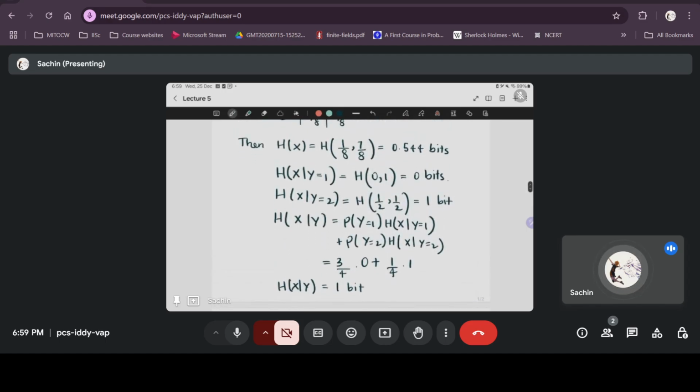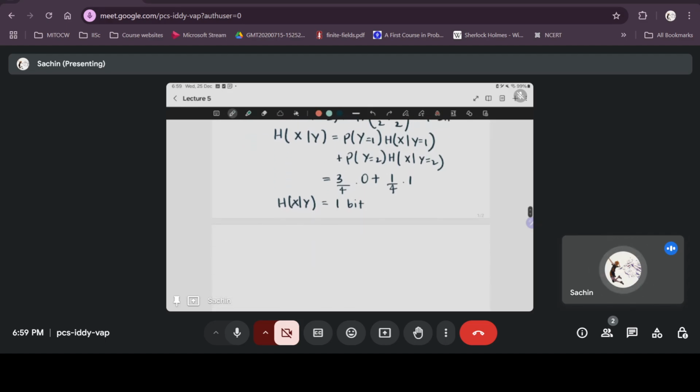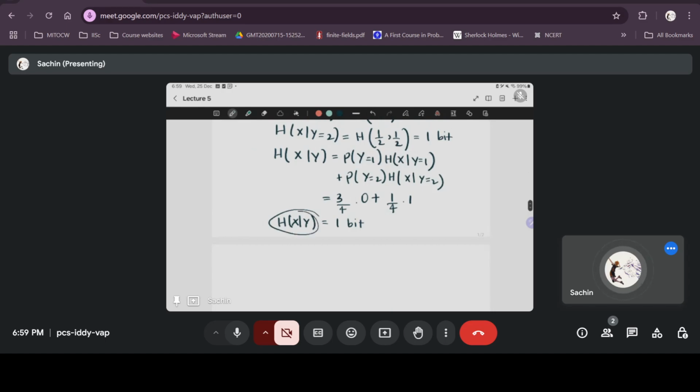So from this you can see that by knowing that y is equal to 2, the uncertainty in x increased to 1 from 0.544. But if we know that y is equal to 1, then the uncertainty in x is 0, which decreased the uncertainty in x. So individual outcomes might increase or decrease the uncertainty in x, but on average, h of x given y is 1.